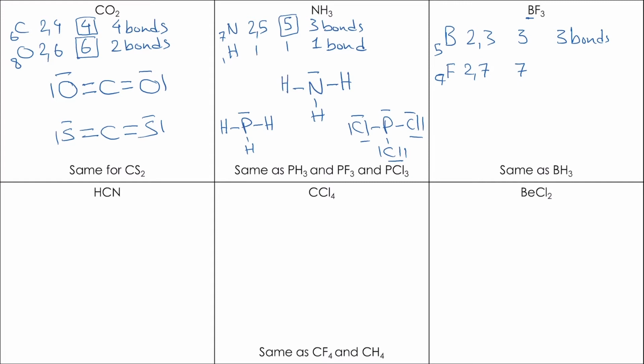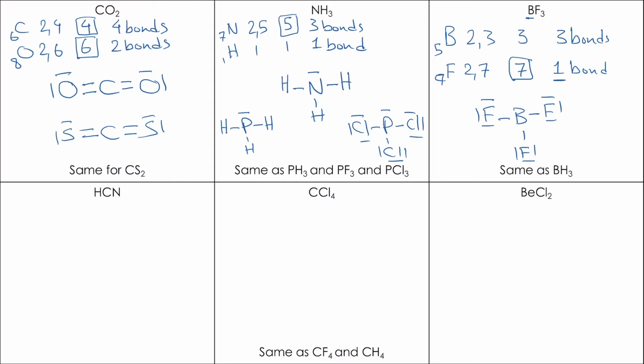What is the exception here? Boron would be satisfied by having only 6 electrons in the last shell. Okay, and fluorine would make only 1 bond. So we'll have B, and as you can see here, we have F, and fluorine has 3 lone pairs because it has 7 electrons in the last shell. It would only make 1 bond, and it has 3 lone pairs.